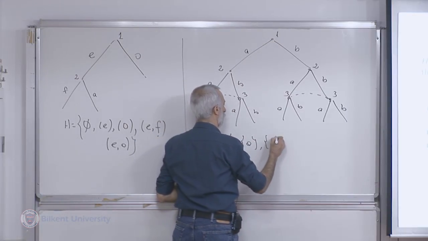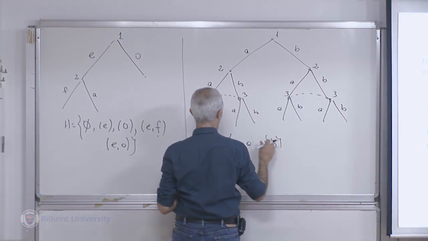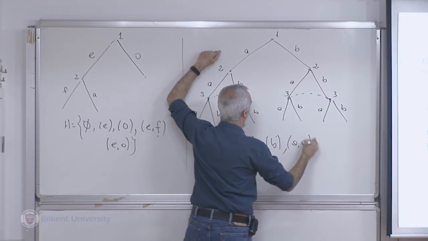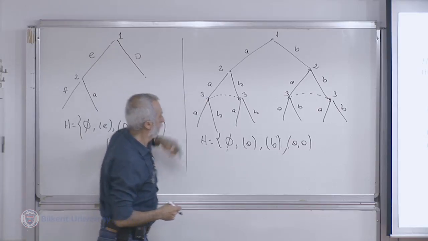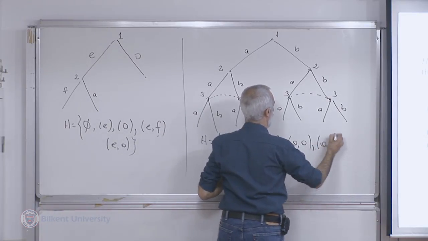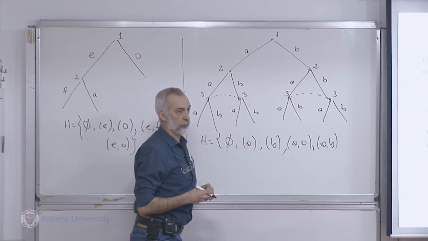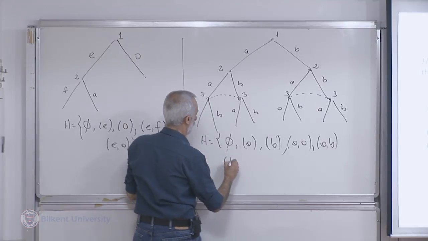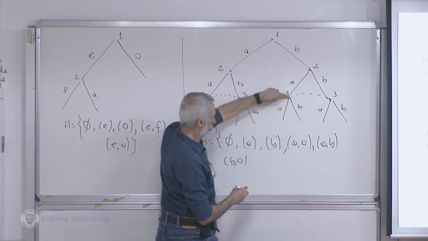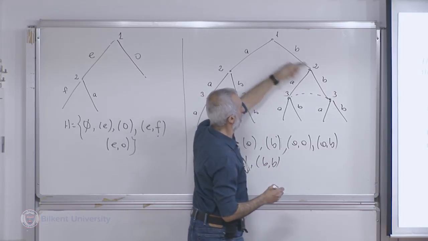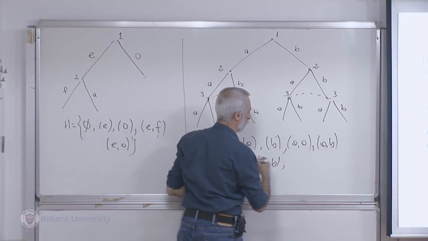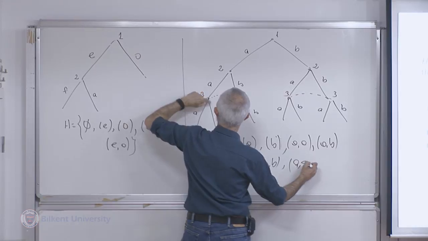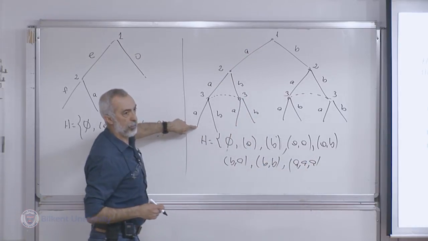A, B, I should write sequence. AA, that's a history. AB, that's another history. BA, BB, and then A, that's another history.